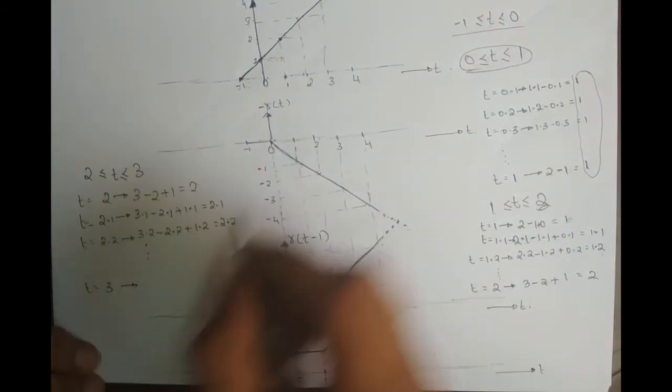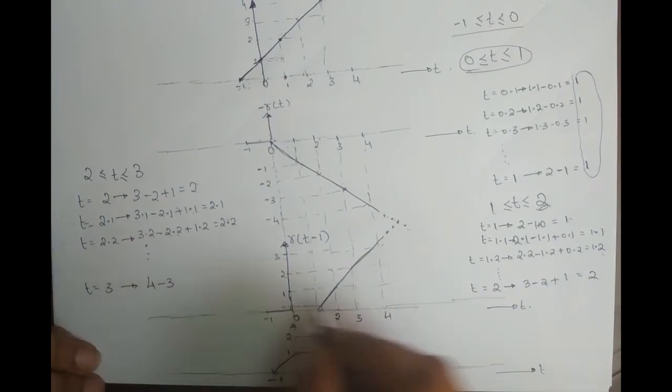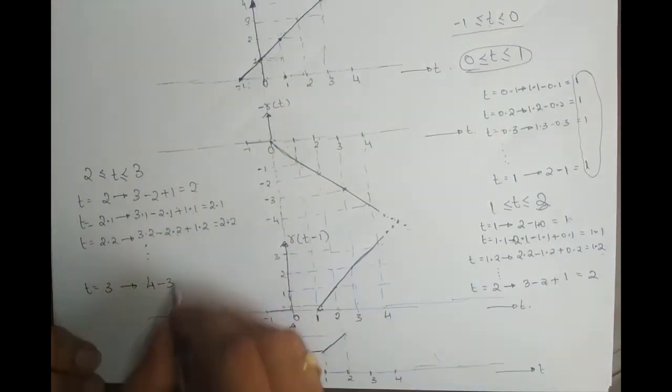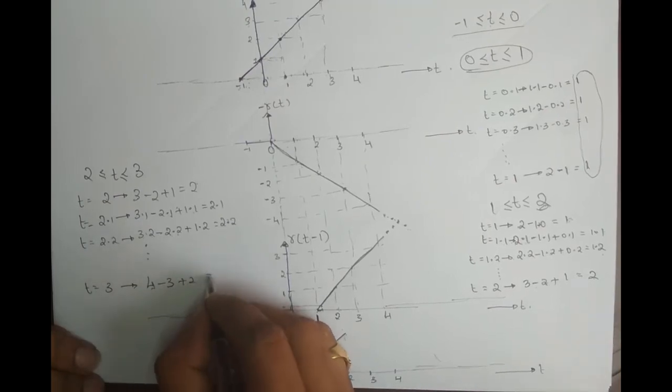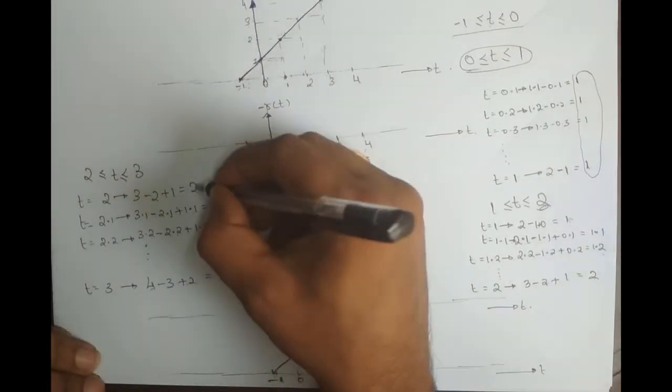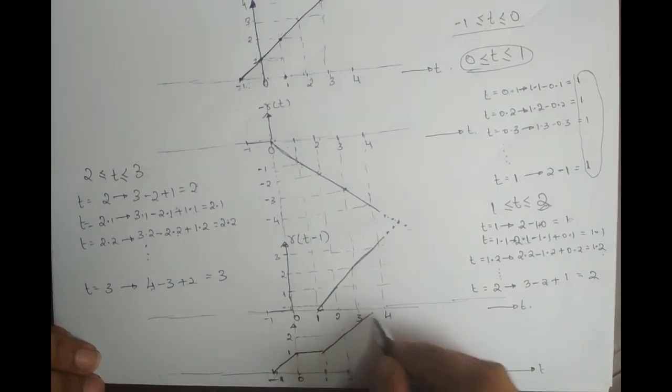At t is equal to 3, what is the amplitude of the first signal? It is 4. What is the amplitude of the second signal? It is minus 3, right? What is the amplitude of the third signal? It is plus 2. So 4 minus 3 is 1. 1 plus 2 is 3. So starting from 2, it goes to 3, right?